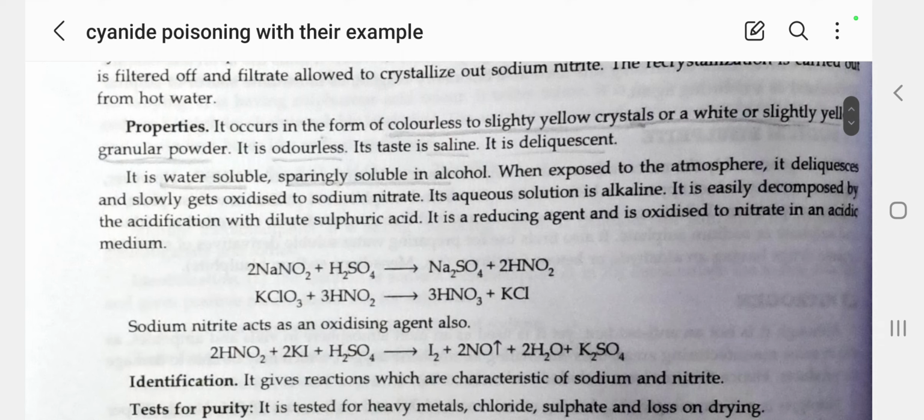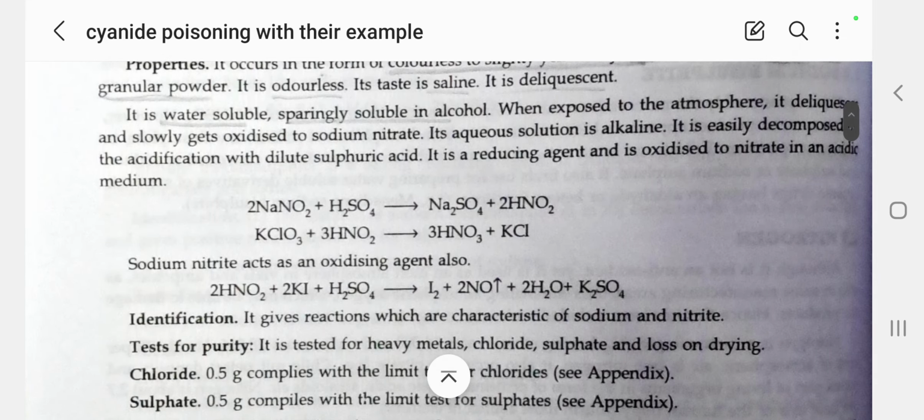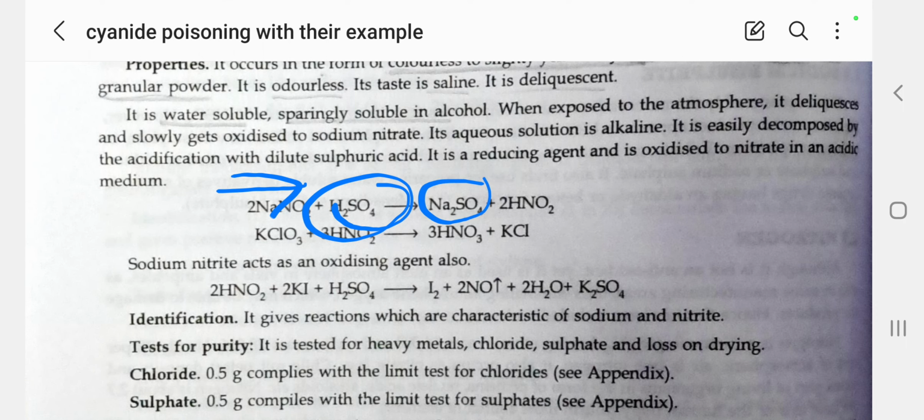It is colorless, odorless, soluble in water and sparingly soluble in alcohol, and on exposure to the atmosphere NaNO2 changes to NaNO3. In aqueous solution it is alkaline, and it is easily decomposed by acidification with sulfuric acid. It is a sodium salt.